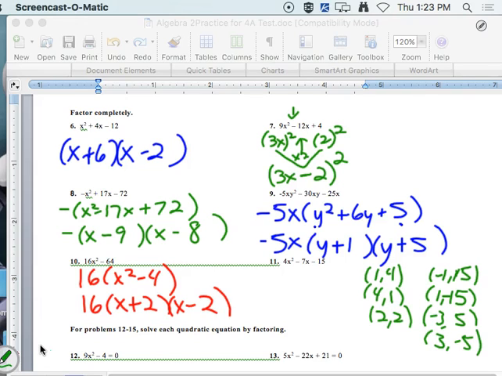And we talked about how the people that wrote the book are the same people that write the tests. And so what they're often going to do is make it the bottom one, so we have to search for all of them. So we started checking outside times outside and inside times inside right there. And we had negative 10 plus 6, which is negative 4, and that didn't work. So then we went up to this one, and we said that would be negative 20 plus 3. Well, that's negative 17.